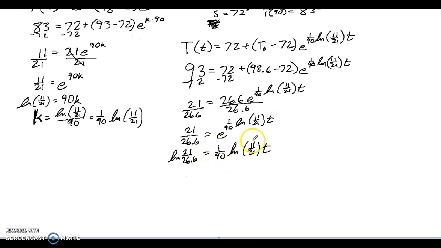Multiply both sides by 90, divide by the natural log of 11/21, and we get t is equal to 90 natural log of 21/26.6 over the natural log of 11/21. And yeah, trying to say 21/26.6 is horrible. That's why they ask you to reduce that fraction. I should have said it 21 over 26.6.